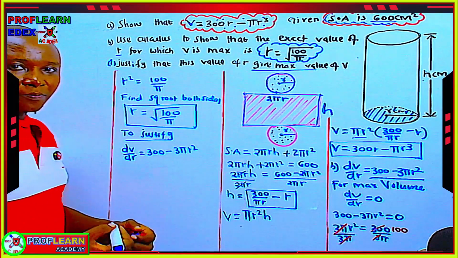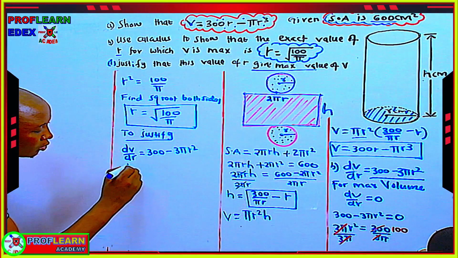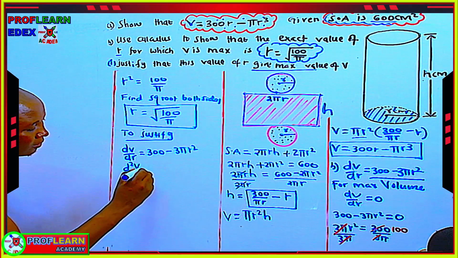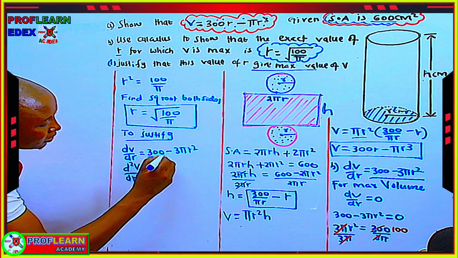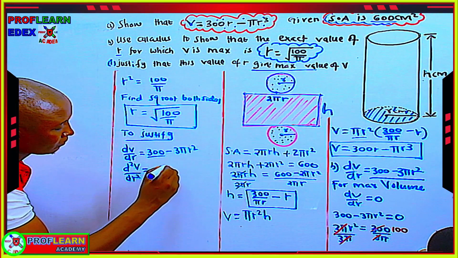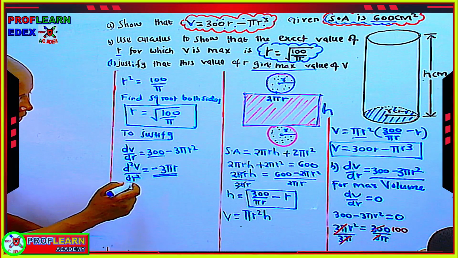In order to justify this, we need to find the second order derivative, and this is going to be d squared V over dr squared. If you differentiate this, 300 will run to 0, and this is going to be minus 3 pi r squared.